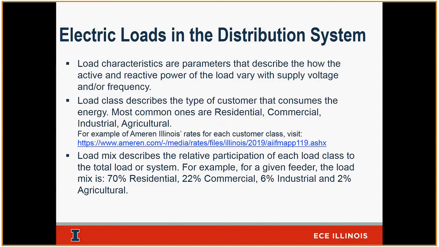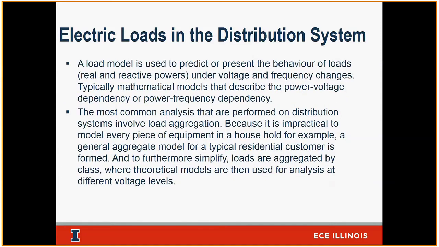Agricultural loads are a little bit different. So as a distribution engineer, I could look at my circuit and say it's made of 80% residential, 5% commercial, 5% industrial, and that tells me about the composition of my circuit and how I'm going to do some analysis on it based on that composition. So we refer to loads a lot of times in terms of class.